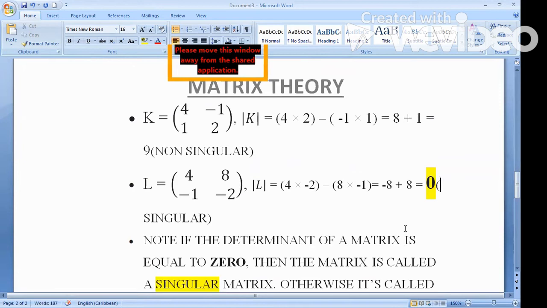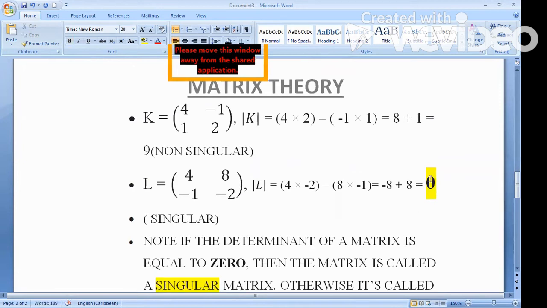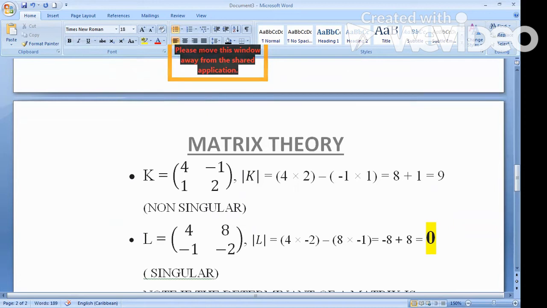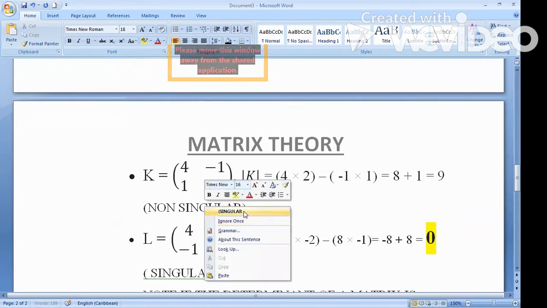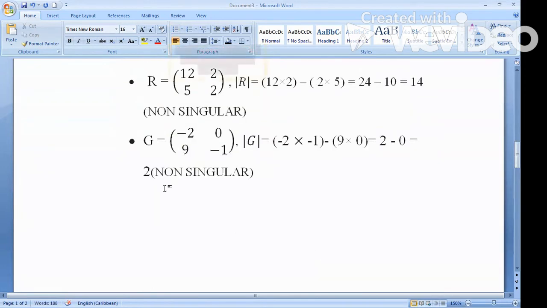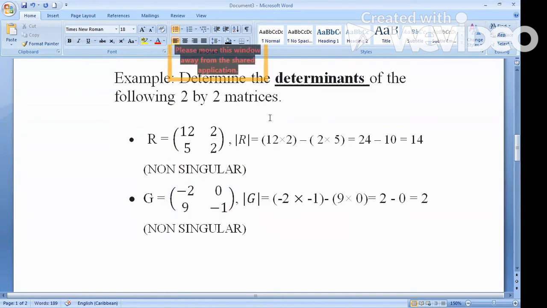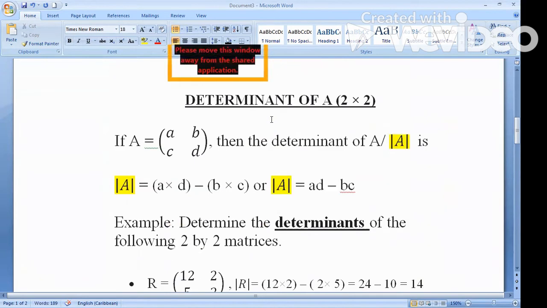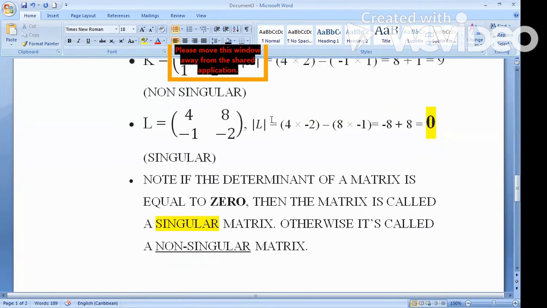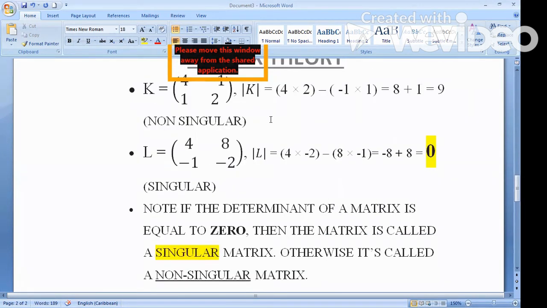Singular matrix. All right, class? We good? Yes, sir.